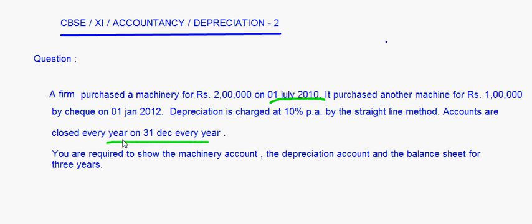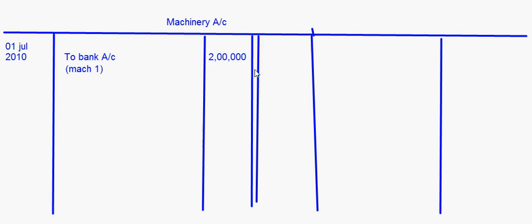Now they have written here that the accounting books are closed every year on 31st December. So this machine is being acquired on 1st July 2010, so you have to see that the machine was with us from July 2010 to 31st December 2010.